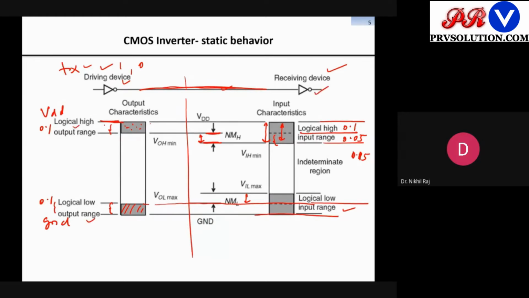But for this particular inverter, 0.15 is the logic 1 and 0.15 is logic 0. Whatever this change is, that corresponds to the definition of noise margin, meaning how much noise that device can tolerate.